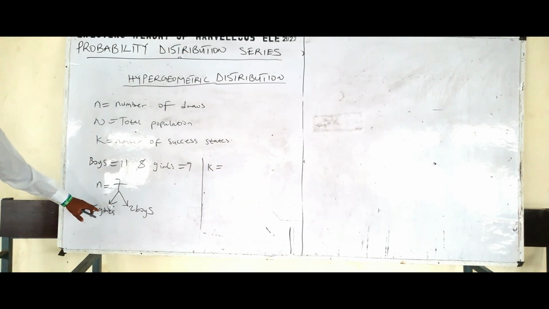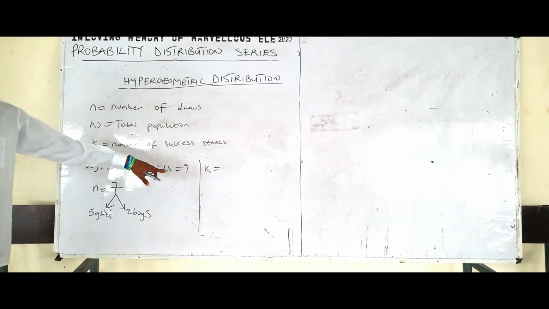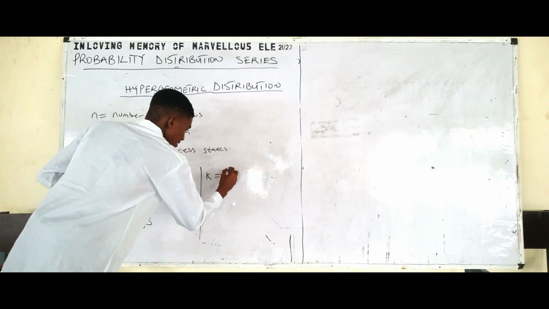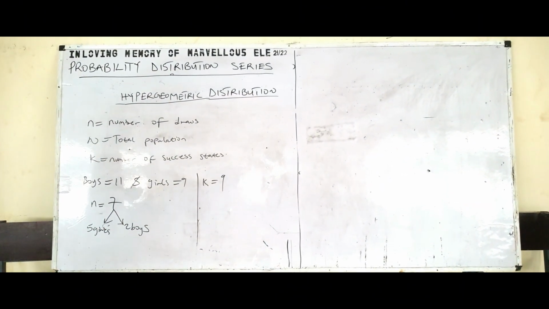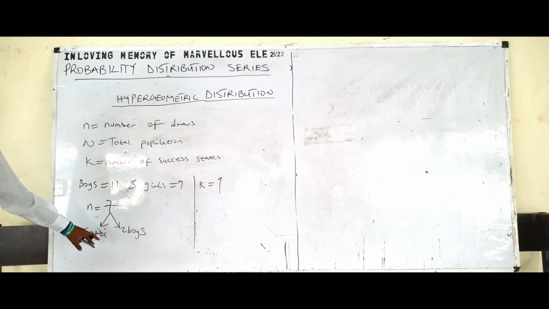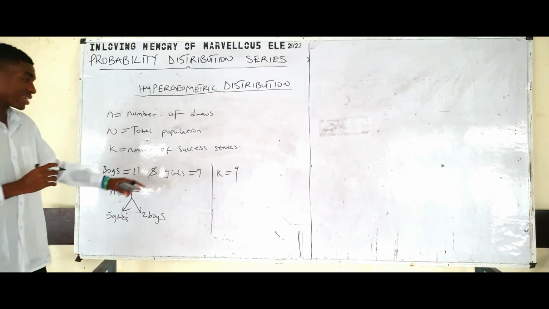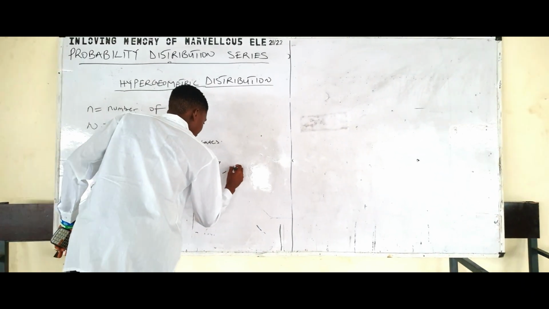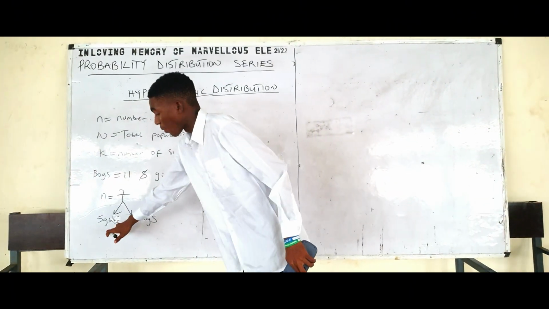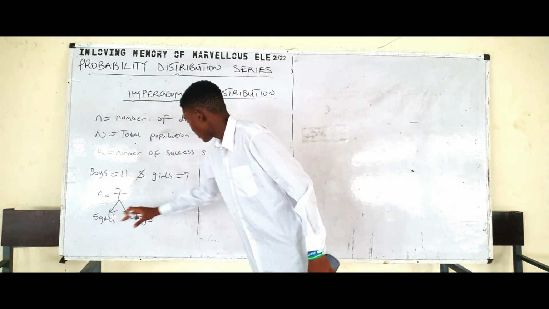In this problem, the girls were favored. So our K is the total number of girls in the class, which is 9. This is what the number of success states means. And our X is the number that was favored, which is 5.